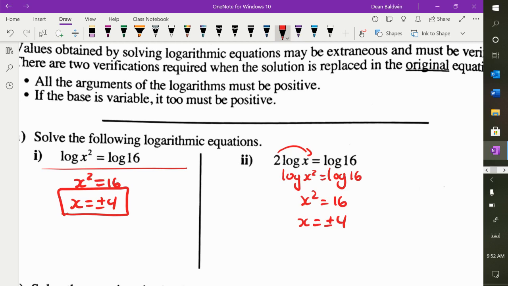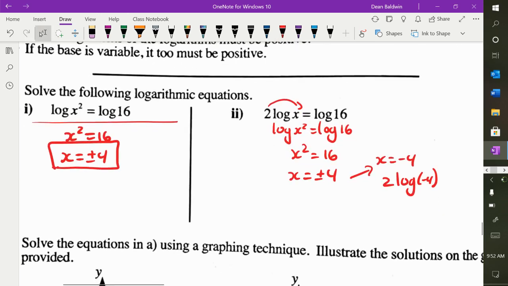Now, you have to check your answers. So if I check positive 4, that's clearly going to work, right? But if I check negative 4, what do I get? Can you do a negative? No. You check it with the original. Okay?